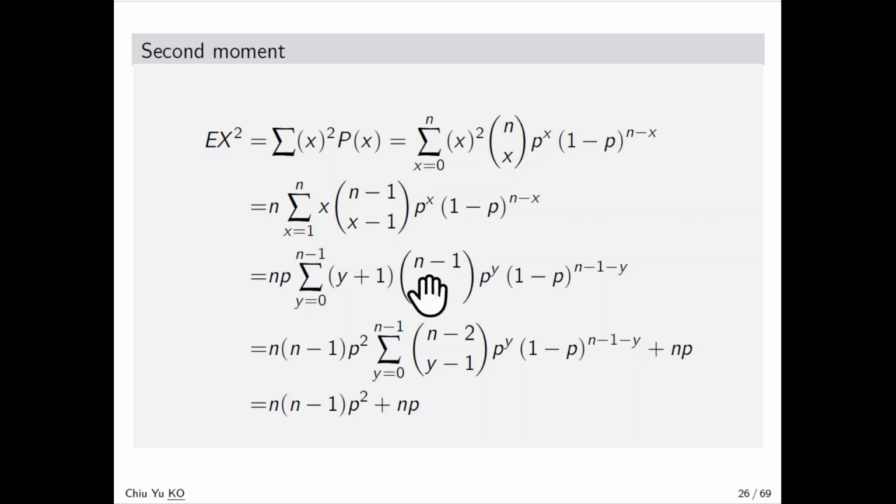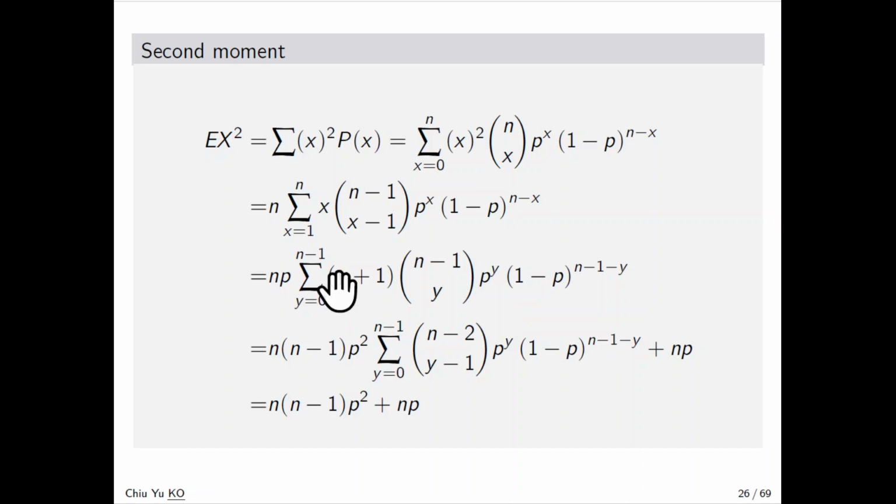Note that part of this sum is exactly the binomial distribution with n minus 1 and p, so that part equals 1 and can be taken out by np. And for what remains, again the same trick applies.